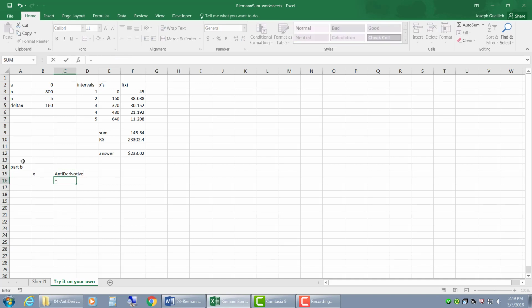So what's the antiderivative going to be? This is just a polynomial, so it's the anti-power rule. I'm going to add 1 to the exponent. That gets me a 3. And then I'm going to divide by a 3. Now, Excel knows what's going on here, but if you are not sure, then you can always put your parentheses around that, or you could put the divide by 3 up front.